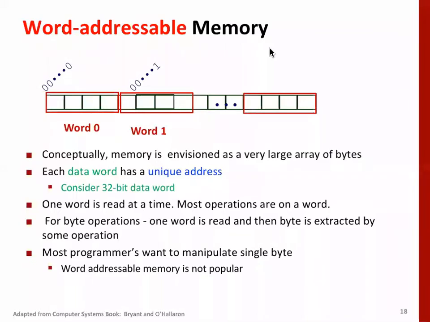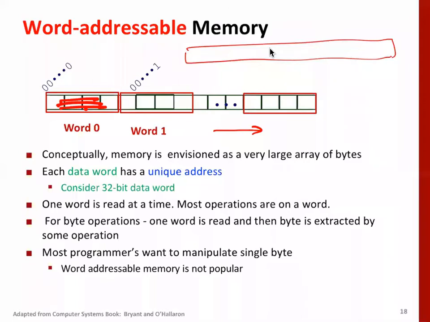This memory that we see here is word addressable. It means that the minimum amount of data that has an address is 4 bytes. So essentially it is like this.